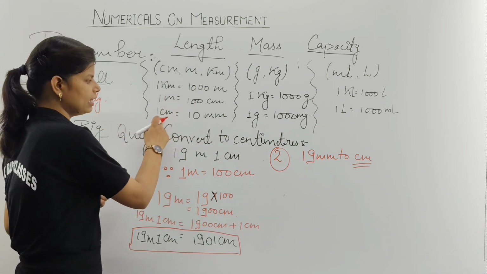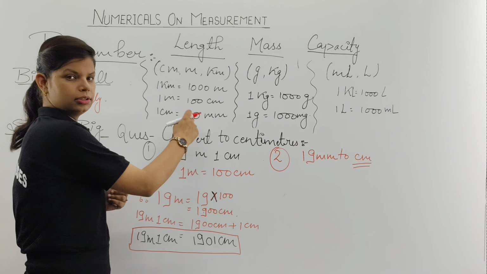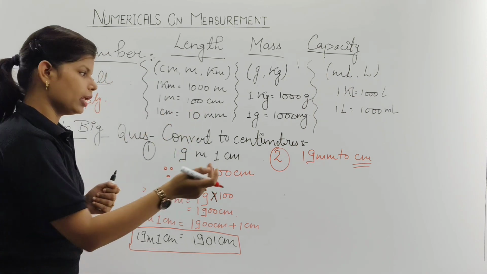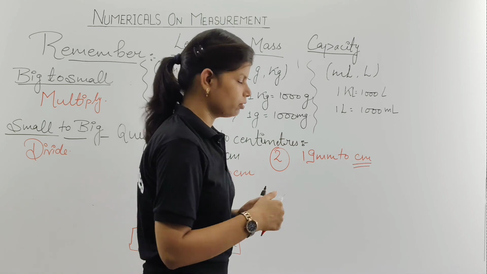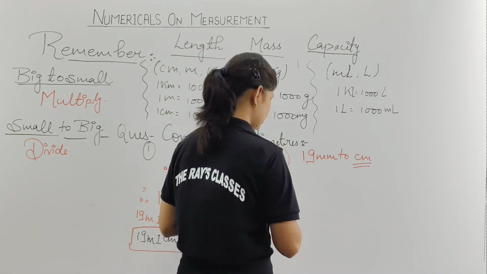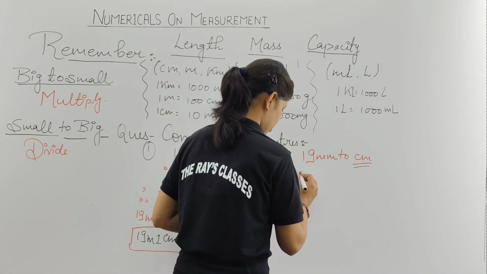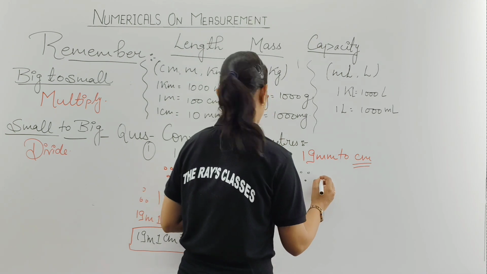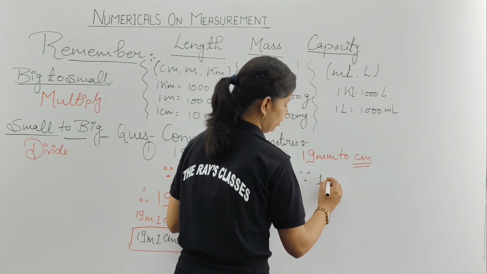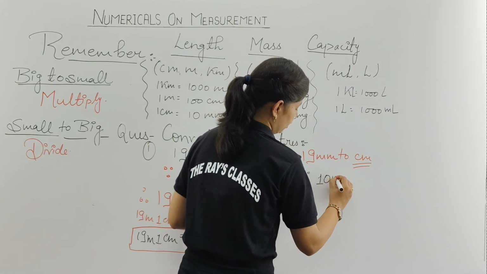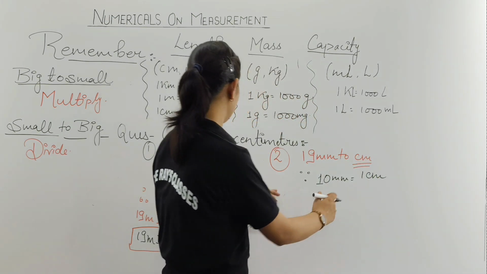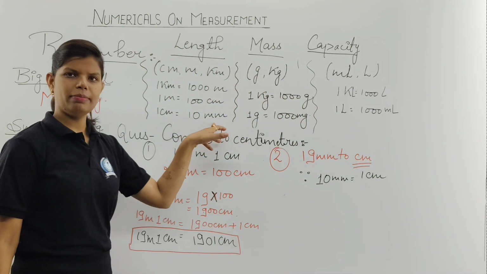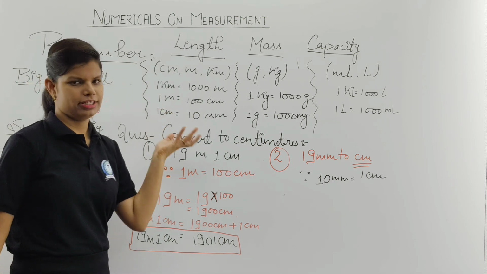You already know 1 centimeter equals 10 millimeter when you multiply. And when you convert 19 millimeter from smaller to bigger, you have to divide. Children, simply write since 10 millimeter equals 1 centimeter. That you know from here: 1 centimeter equals 10 millimeter, or 10 millimeter equals 1 centimeter, vice versa.